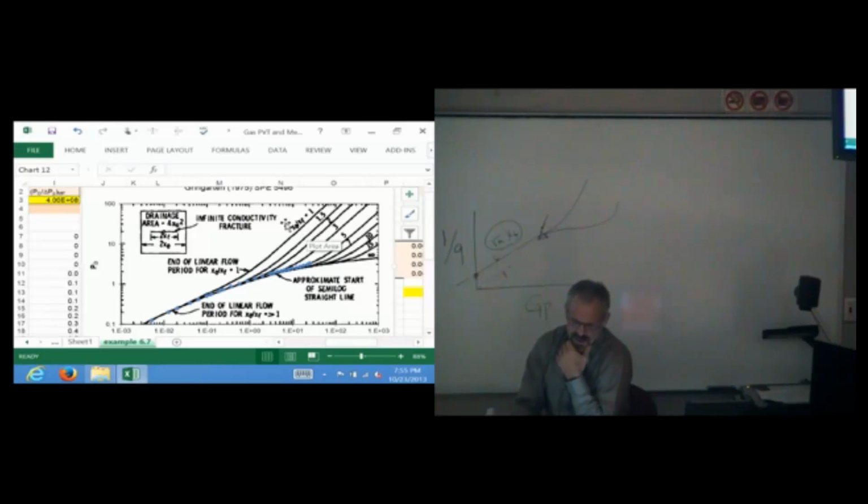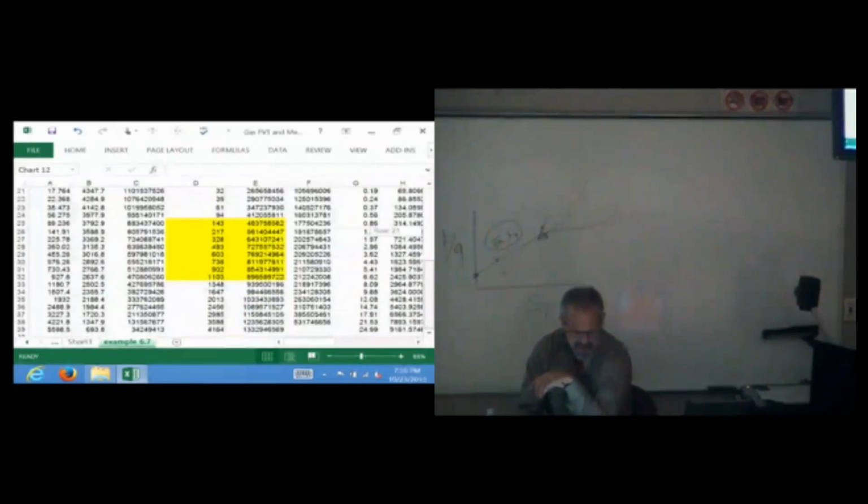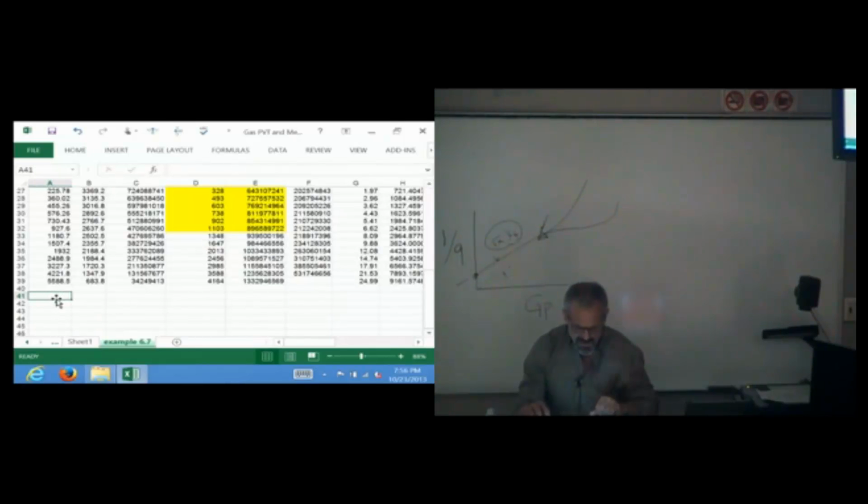And this is a type curve for the purpose of this type of data. Its data lasts a long time, 5,585 hours. I can't do this one in my head. It's almost a year. It's 232 days.